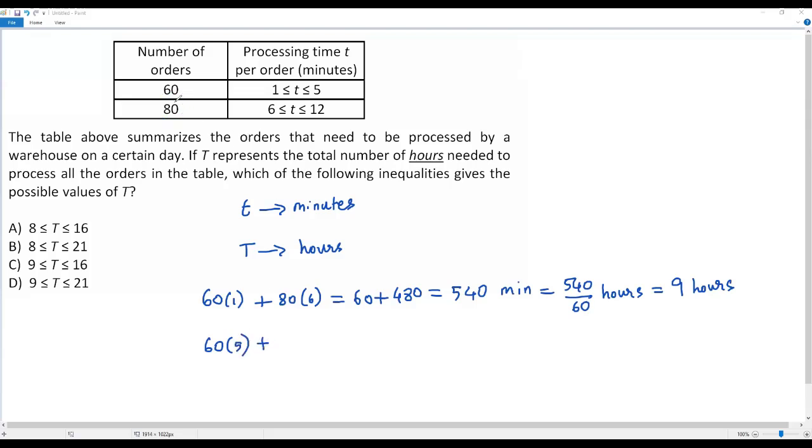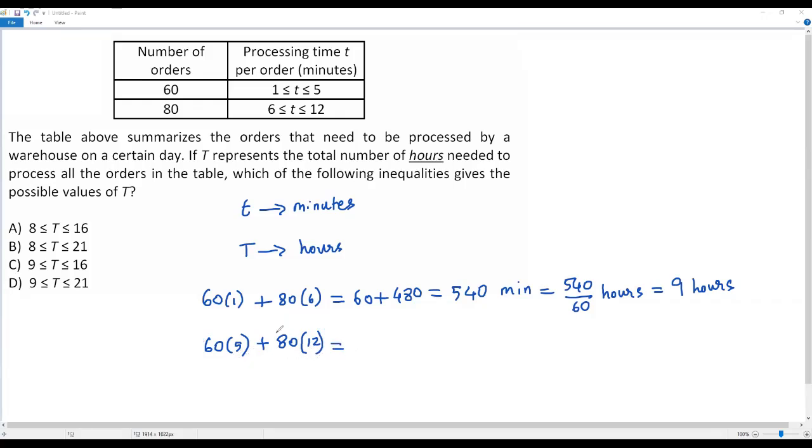For that, we multiply the number of orders 80 by the maximum processing time per order, that is 12 minutes. So 80 times 12. This represents the total maximum time to process the first 60 orders, and this represents the total maximum time to process the second 80 orders. And we have this in minutes, because this 5 is minutes, this 12 is minutes.